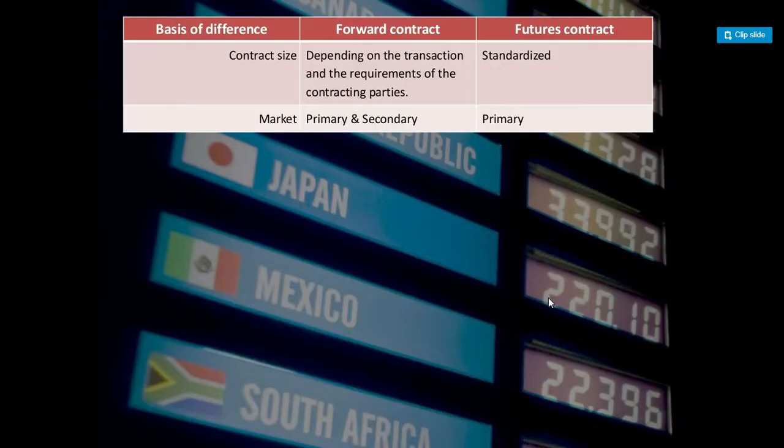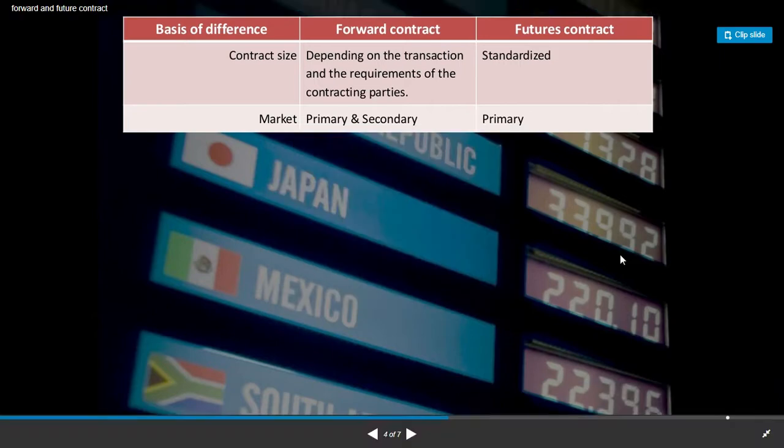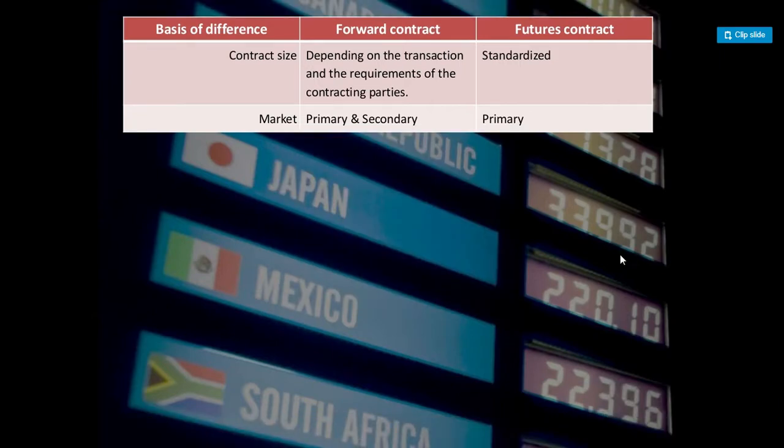Market: primary and secondary markets take place in a forward contract, whereas in a future contract only the primary market comes into the picture. So these are the differences between forward contract and future contract. Let me tell you more points if at all I have.